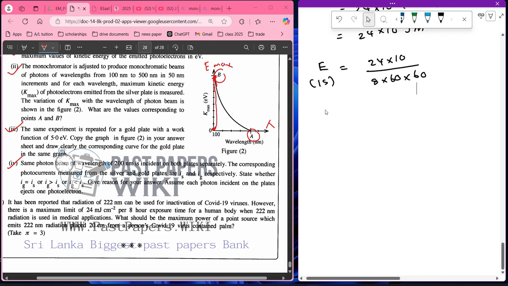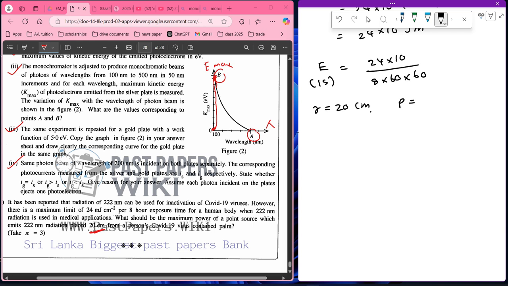Then take the released energy per second by the radiation power, and assume a sphere of radius 20 centimeters, since the source is placed 20 centimeters from the person's palm.